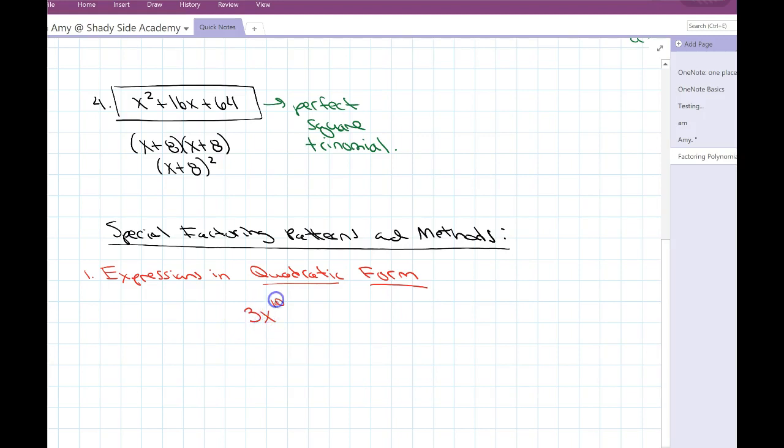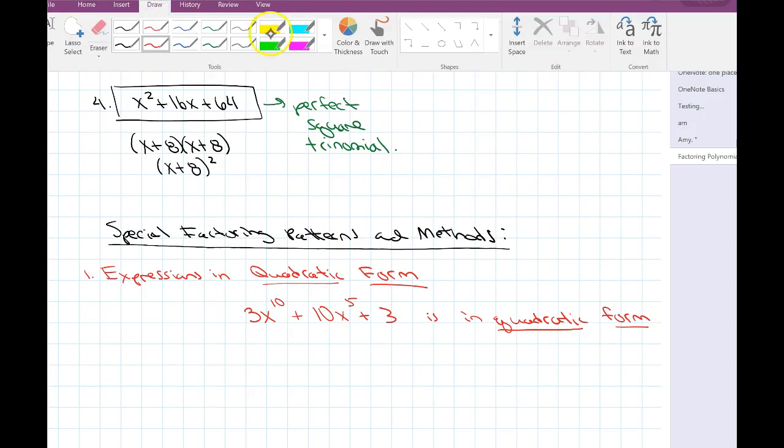3x to the 10th plus 10x to the 5th plus 3 is in what is called quadratic form. So let's define what quadratic form means. Quadratic form means the following.